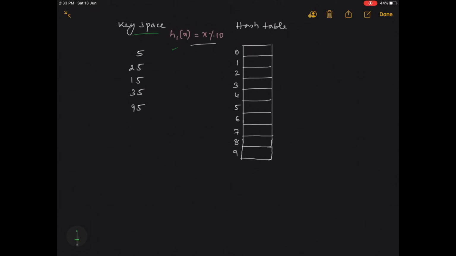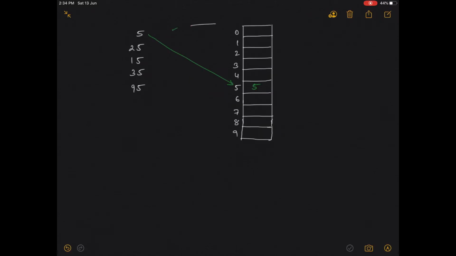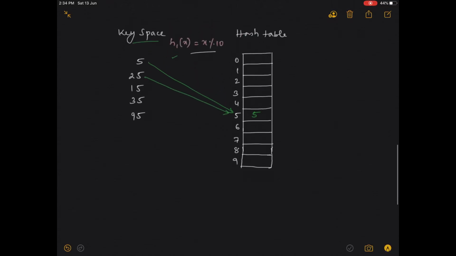Lambda should always be less than 1, and better if it is less than 0.5. 5 mod 10 gives us the remainder 5. So here 5 will be stored. There is no problem with it because it was vacant. Now 25 mod 10 also collides at index 5.